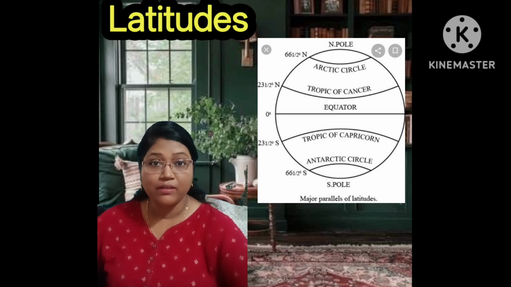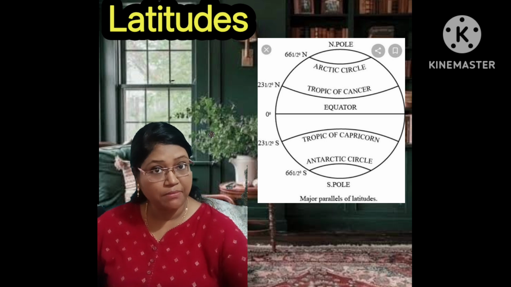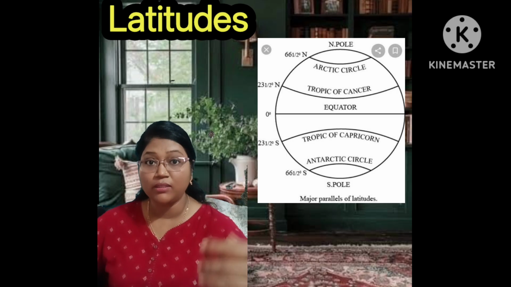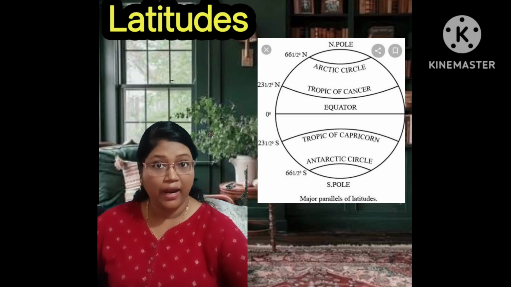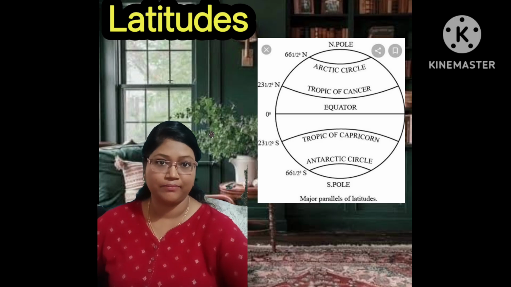The Tropic of Cancer in the northern hemisphere and the Tropic of Capricorn in the southern hemisphere are at 23.5 degrees. The Arctic Circle in the northern hemisphere and the Antarctic Circle in the southern hemisphere are at 66.5 degrees. The North Pole and South Pole are at 90 degrees. So these are the important values in the northern and southern hemispheres.